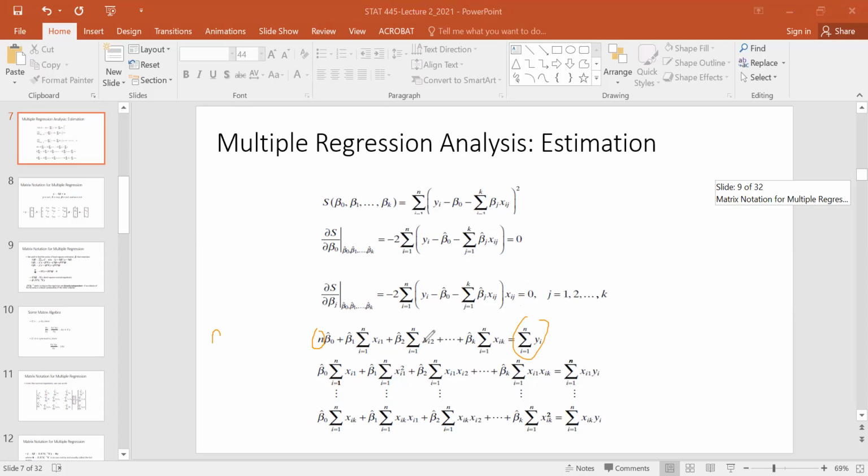xi1, xi2, sum of xi1, sum of xi2. The betas were just collected elsewhere: beta 0, beta 1, all the way to beta k. And then they took the coefficient like n, and then they took sum of xi1 and so on. So that's what is going on there.